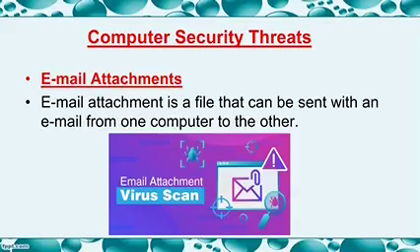Now we move to the second factor, that is email attachments. What is an email attachment? An email attachment is a file that can be sent with an email from one computer to another.